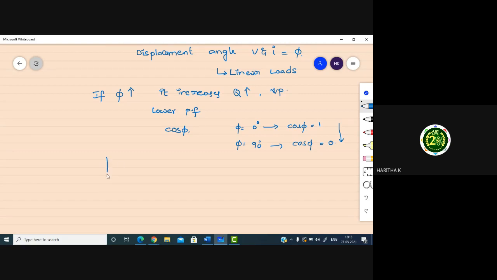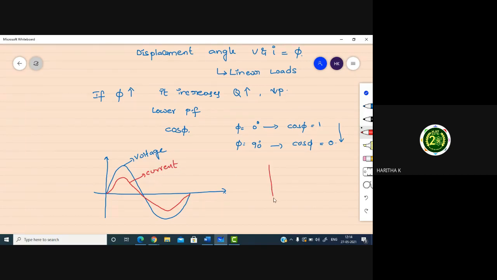And in the waveform representation, how can we know whether it is a linear load or non-linear load? If it is a linear load, let us assume this is the voltage waveform, and current will also linearly increase with the voltage. This will be your current waveform.